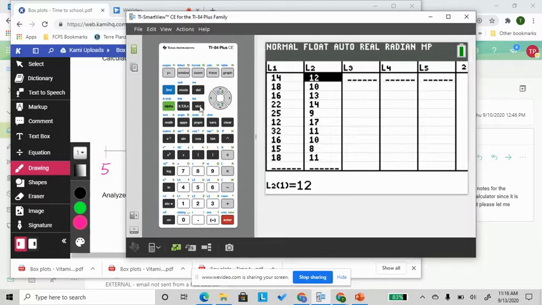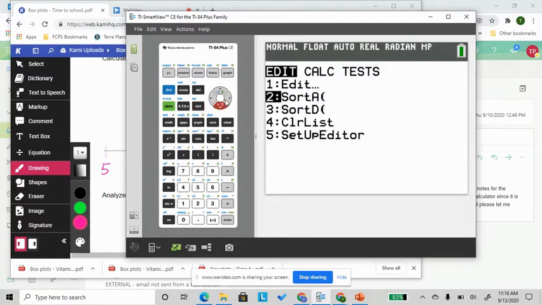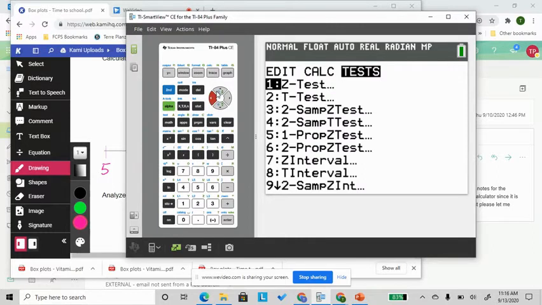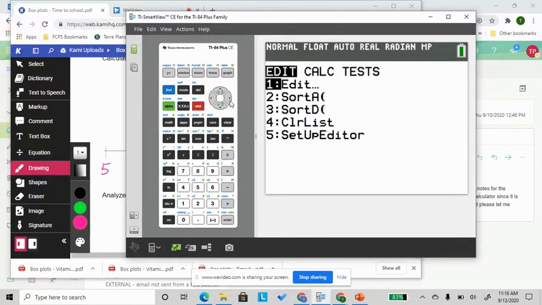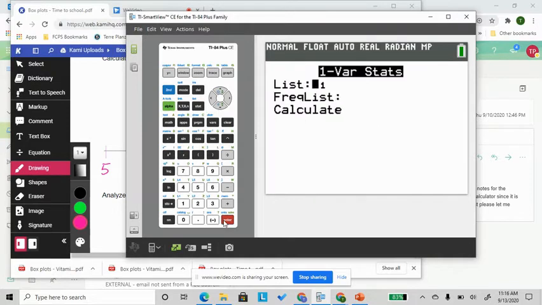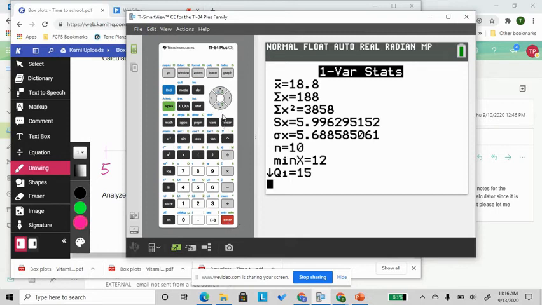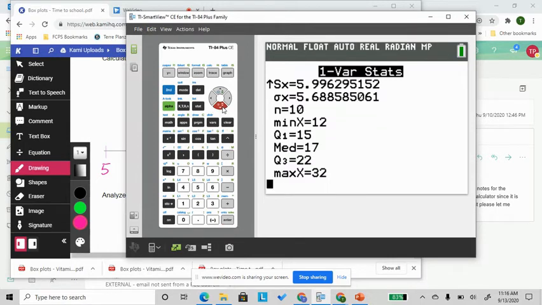Then hit Stat, Calc, oops, sorry about that. When you do 1-Var Stats for each list, it gives you the 5-number summary that you need for your box plots. There are your 5 numbers right there. So it gives it to you if you ever get stuck.